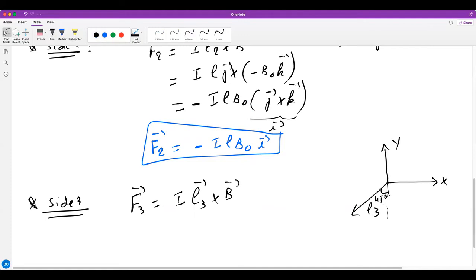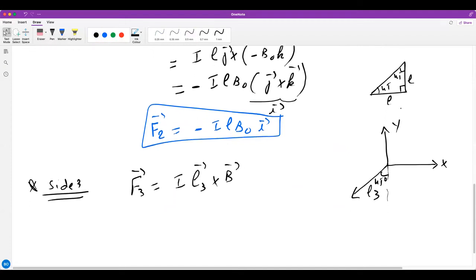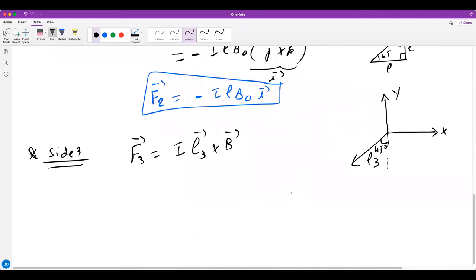Why 45 degrees? Because the triangle formed between side 1 and side 2, this is L, this is L, has a 90 degree angle and two angles of 45 degrees. This means that L3 must be written as a component along X, i, plus a component along Y, j.